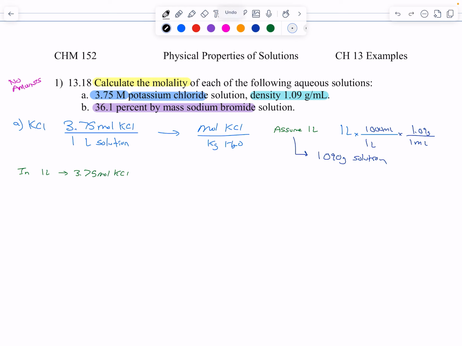So if we take our 3.75 moles of KCl, we know that 1 mole of potassium chloride, potassium is 39.1 plus chlorine 35.45. I got 74.55. Did I do that right? Yeah.